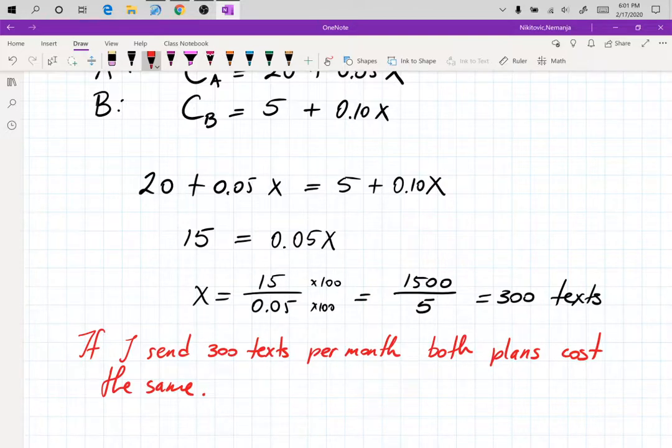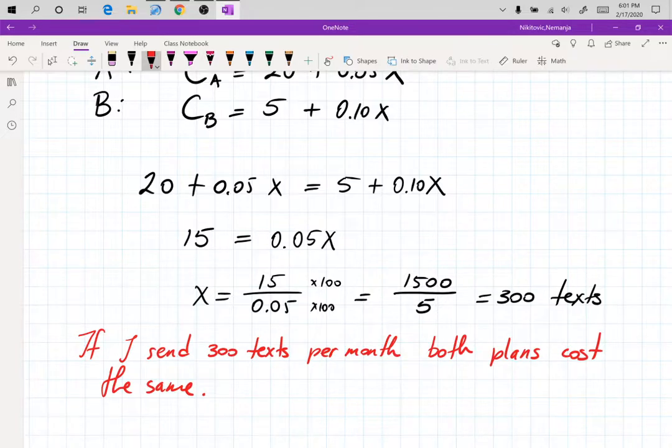That means that any amount of texts you send less than 300, you will be paying less with plan B. Any number of texts more than 300, plan A is better.